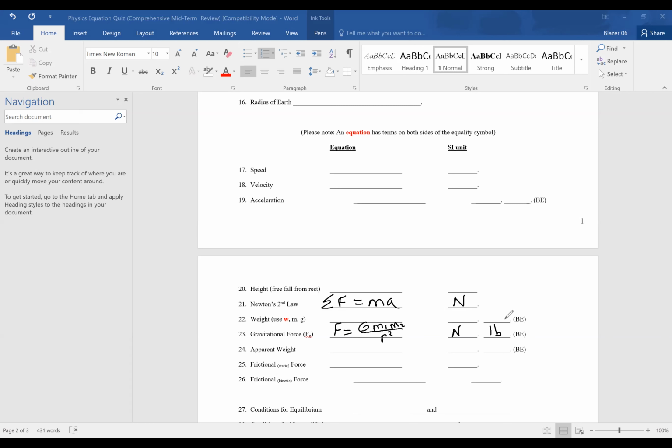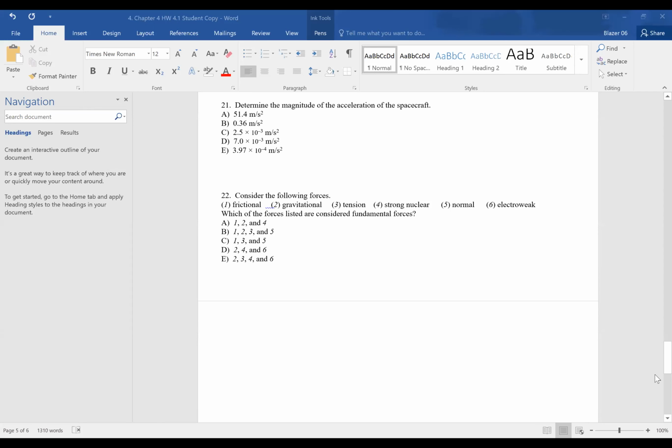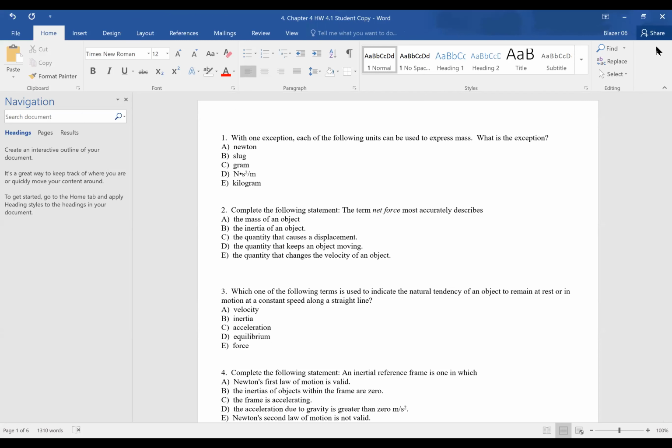So now we've learned this, let's put a little bit of this into practice as we solve some of these homework problems. So I'm going to show you the homework that I'll be sending also. Here we have our homework.